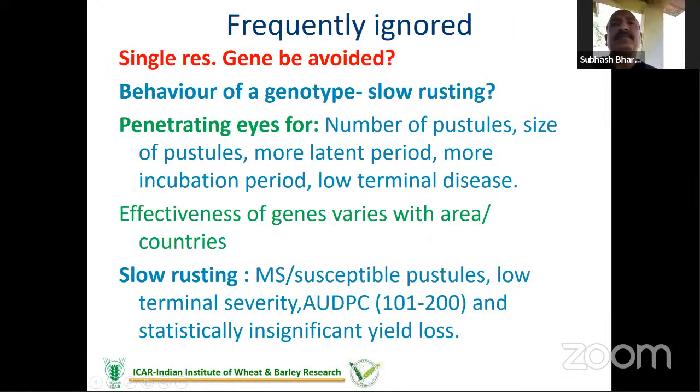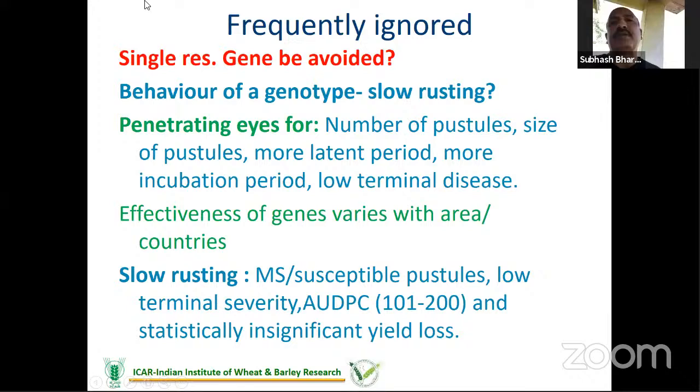So why should a single gene be avoided? Because of the behavior of genotypes: when we evaluate even in seedling, many of the genotypes show resistance which is not slow rusting. Slow rusting has very few pustules, a longer latent period, a longer incubation period, and low terminal disease severity.